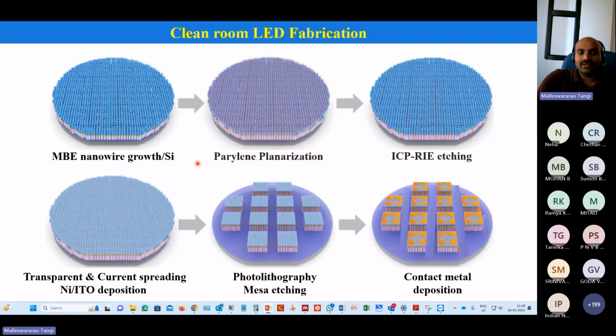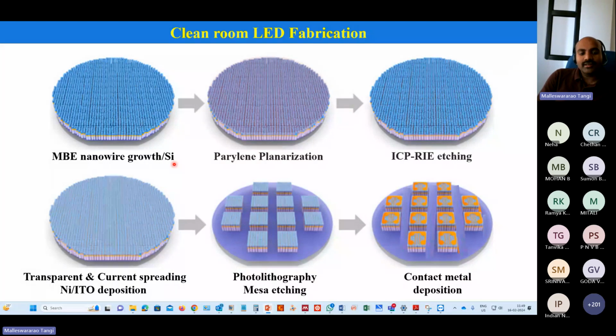We planarize these nanowires. Then we etch away the parylene until we see the top p-type gallium nitride nanowires. We used a reactive ion etching process for this. Then we deposit nickel ITO. By rapid thermal annealing, we can achieve a transparent ITO on top of these p-type nanowires.